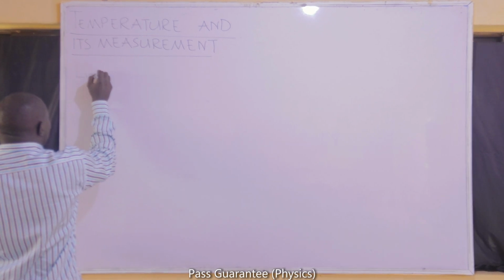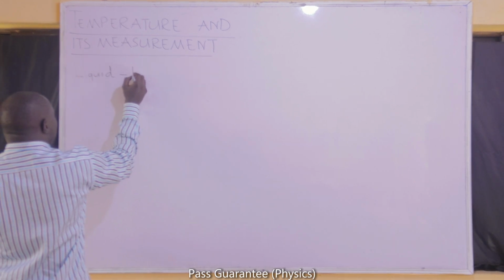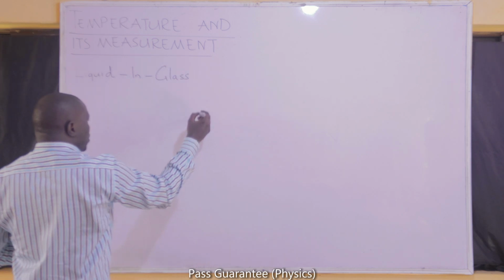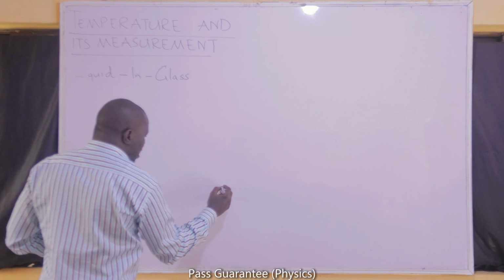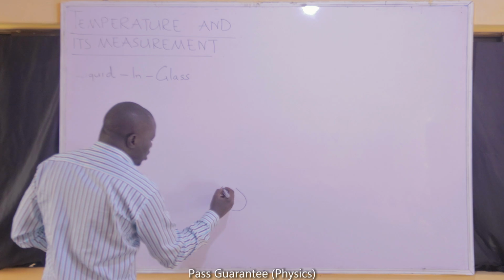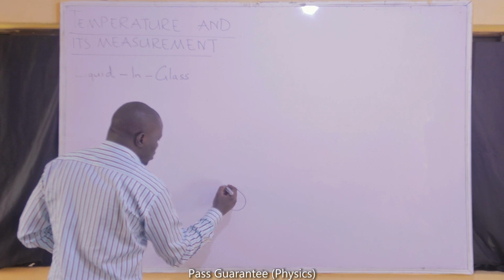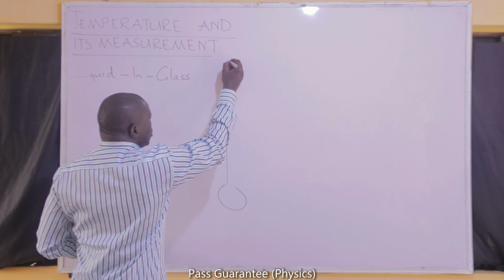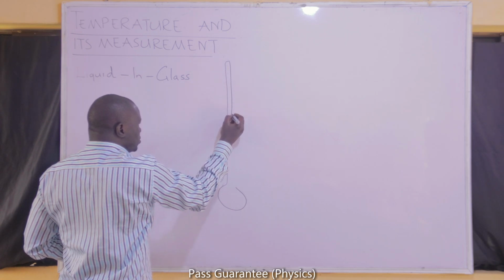In a liquid in glass thermometer, we simply have a glass that is made into a spherical bulb, and the spherical bulb leads to a narrow stem.